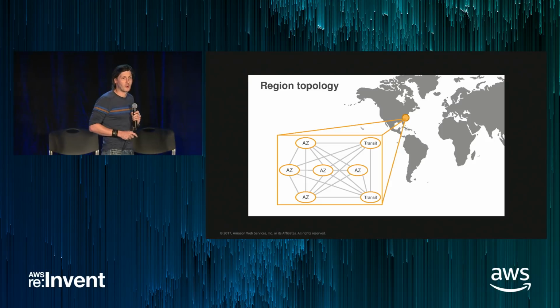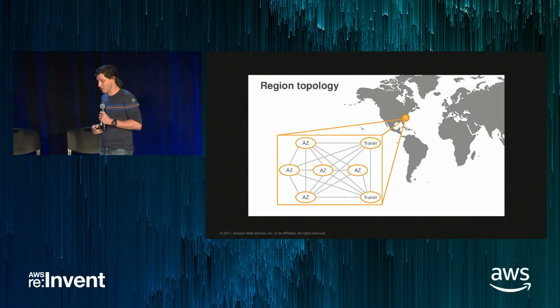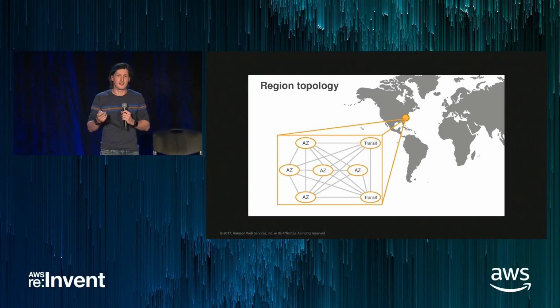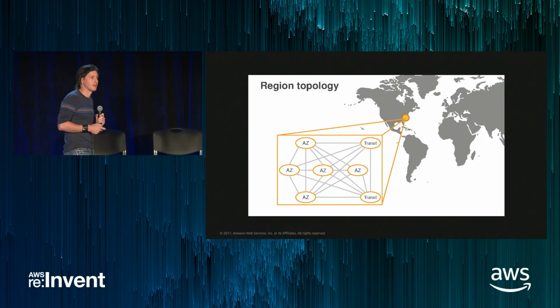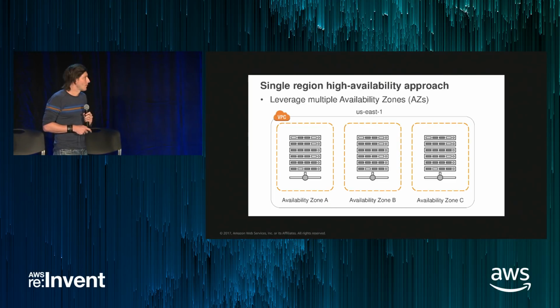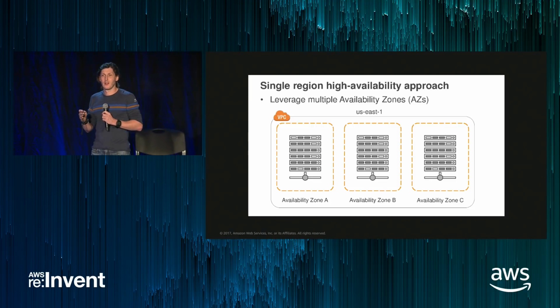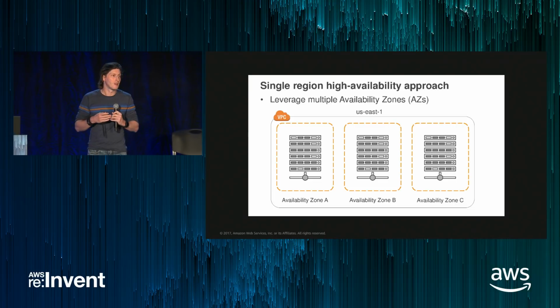The other part of this is that you need to understand how we make our services highly available. We all know how a region works. It's made up of availability zones. There's redundant transit in and out of those availability zones. Each AZ is made up of one or more data centers independently connected. Each availability zone is a containment of the blast radius.